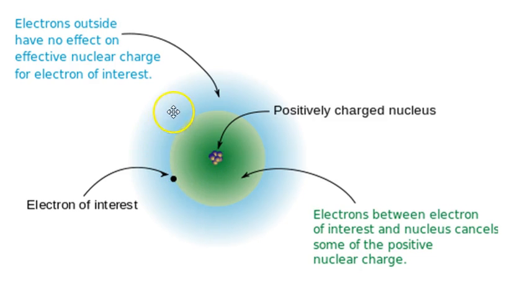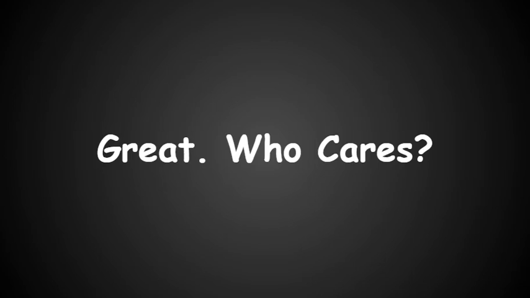If there's more electrons way out here, they're not going to have any negative effect on the attraction force between these two parts of the atom. Only the electrons in between these can be pushing away. Remember that there's those repulsion forces pushing away from the nucleus, and those are the important ones that cause the shielding. Okay, so now you kind of understand how shielding works and what it is, and that's great.